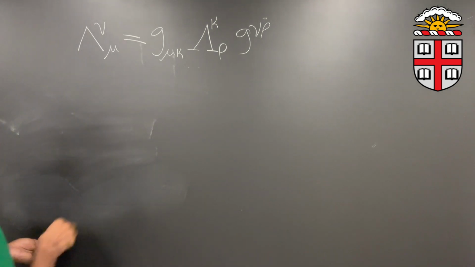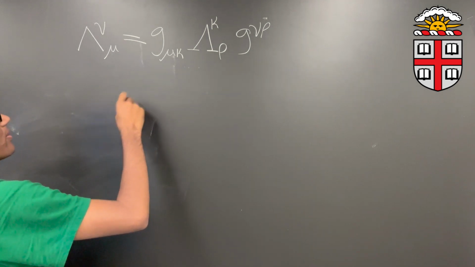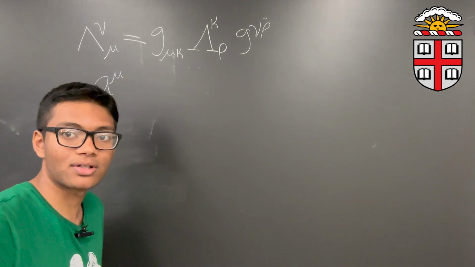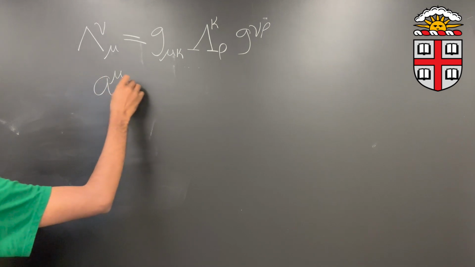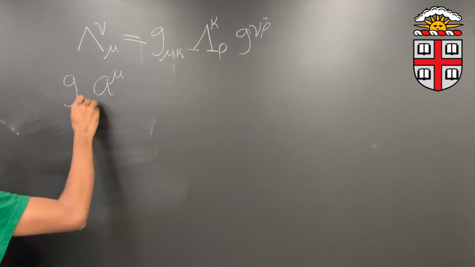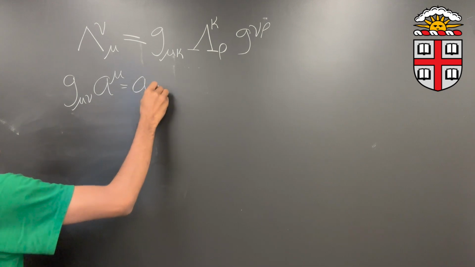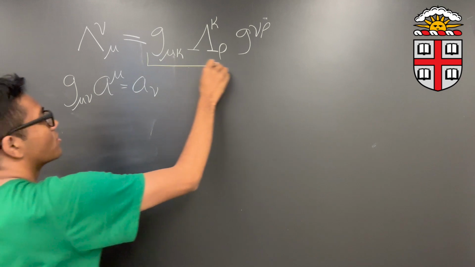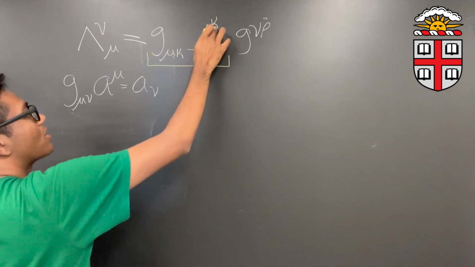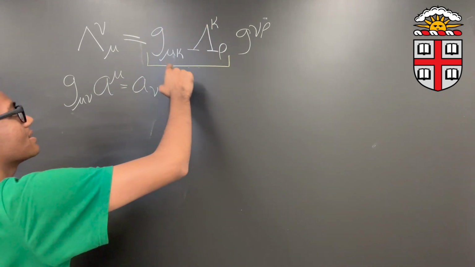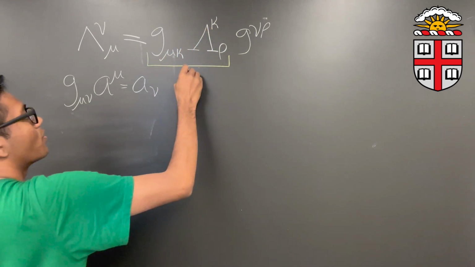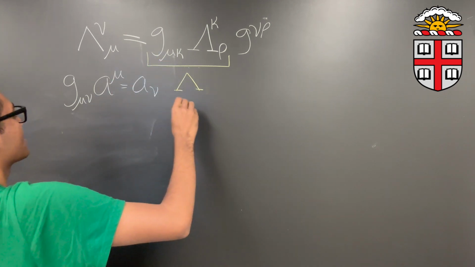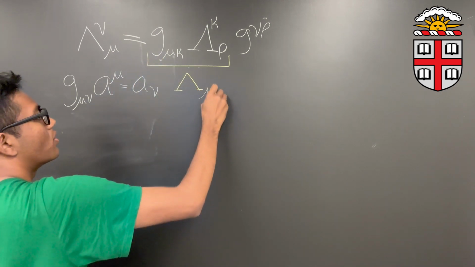Well, just remind yourself of what we learned about contraction. If, for example, I have a contravariant vector component, a to the mu, and I multiply that with g mu nu, then this contracts the vector to a nu. Now consider applying that contraction rule over here. Here we're contracting kappa, or k, so you're just left with lambda mu rho.